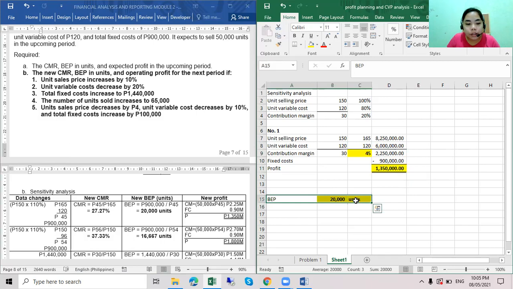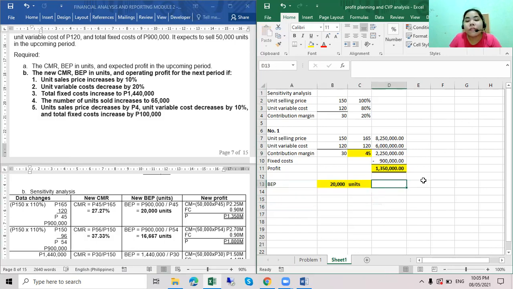So, if your selling price increases by 10%, your contribution margin per unit will be 45 pesos. Your break-even point in units is 20,000 units.